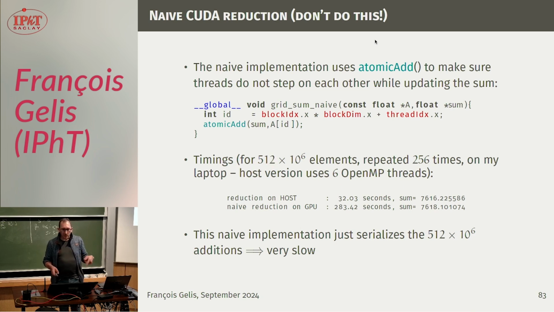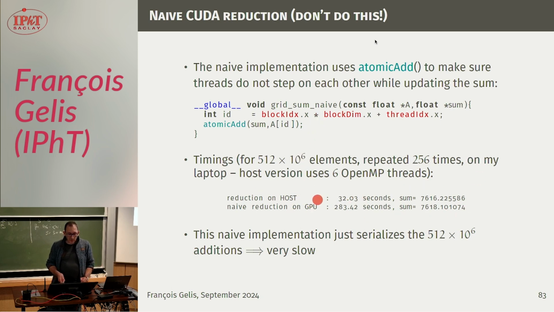I repeated the reduction 256 times so that the measurement of the time is more or less precise. And I had two versions of it. One version where the reduction is done entirely on the host using OpenMP with 6 threads. And then this naive reduction done on the GPU.